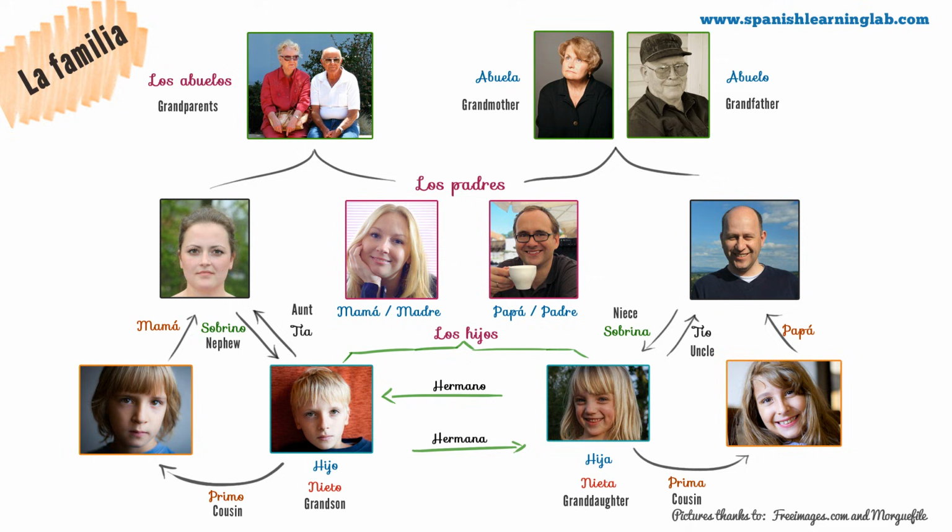In this case, un sobrino and una sobrina. Let's take a few seconds to review the new words. First we have los abuelos, abuelo and abuela. Los nietos, nieto and nieta. Los tíos, tío and tía. Los primos, primo and prima. Los sobrinos, sobrino and sobrina.